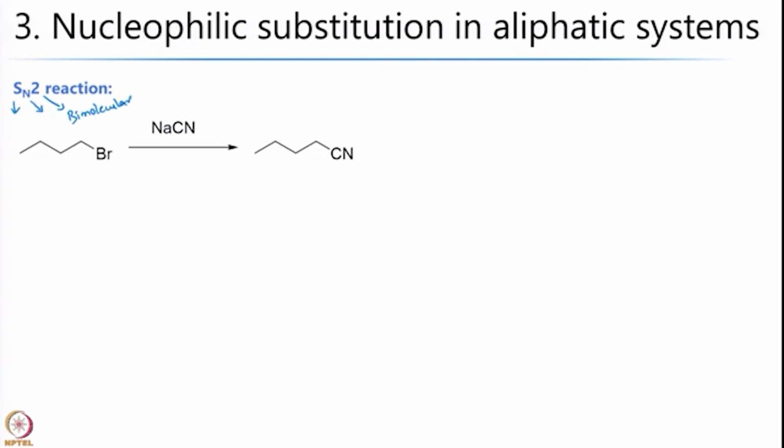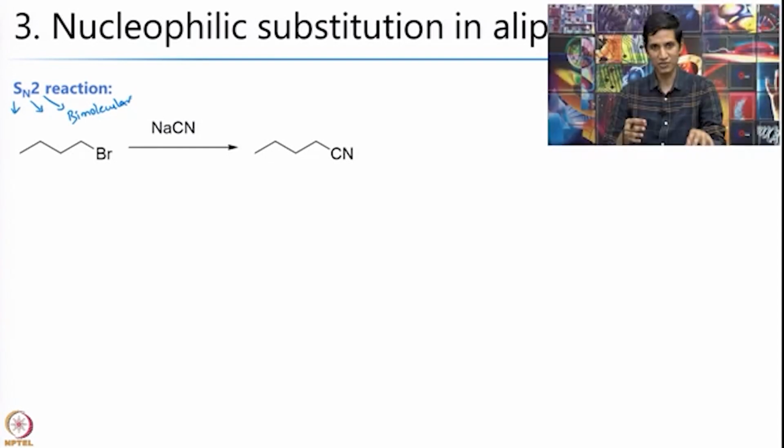So, actually when these kinds of reactions were discovered or when they were understood roughly 60, 70 years ago, people did this reaction, the conversion of the bromide to the cyanide, and then they were interested in looking at what happens if I change or double the concentration of the reactant, either one or both of the reactants. And what they observed is that the rate of the reaction doubles with doubling the concentration of each of the reactants.